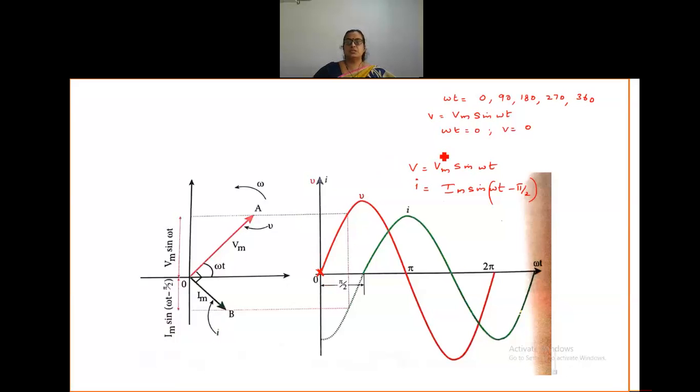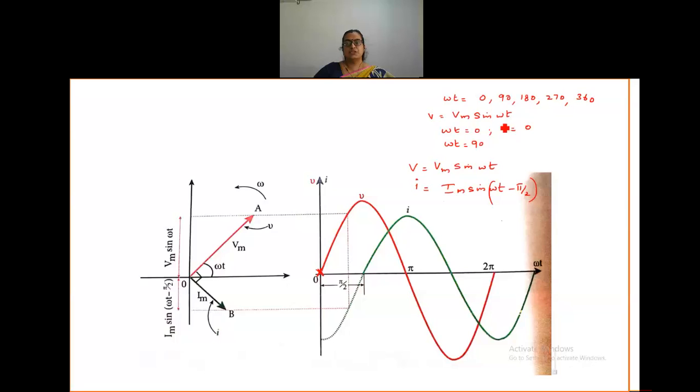Next, we'll substitute omega t as 90. Between 0 and pi you have pi by 2. You see this gap is pi by 2. Forget this current curve for some time; let us bother only about this voltage curve. Pi by 2 is nothing but 90, so omega t is equal to 90.